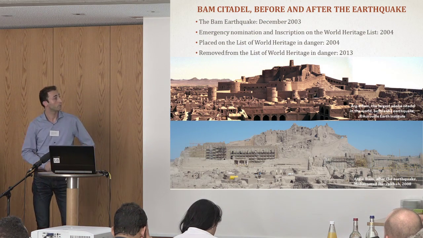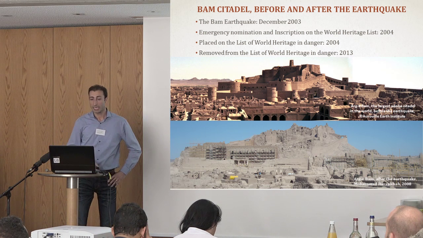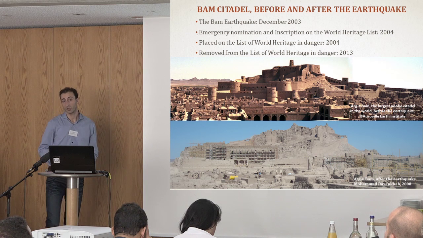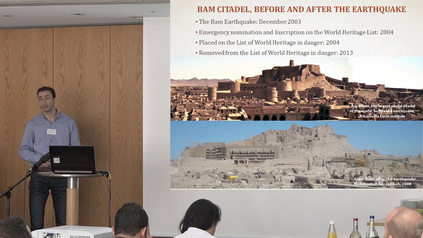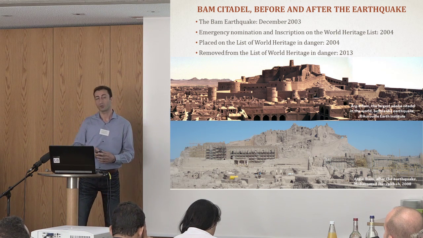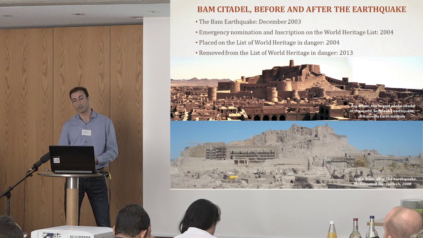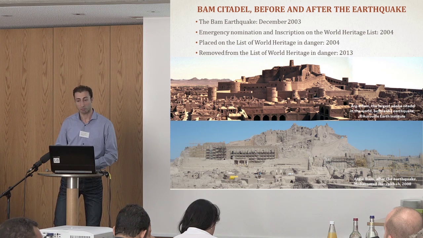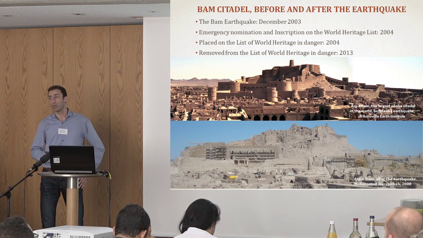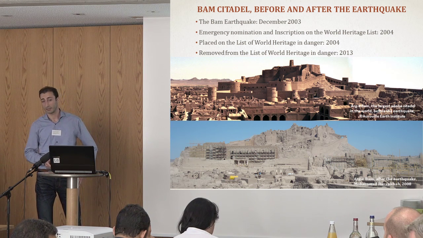And so the earthquake in 2003 happened in the city of Bam, and the unique story about the case of Bam and its cultural landscape is that immediately after the earthquake in 2003, Bam and its cultural landscape was inscribed on the World Heritage list, I think within a few months, and at the same time, it was placed on the World Heritage Endangered list.